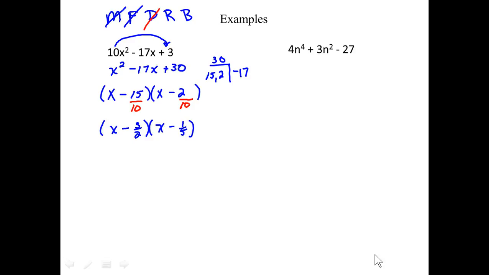All right, so 15 over 10, you're just dividing both of those by 5, and you get 3 over 2. 2 over 10, you're just going to reduce both of them by 2, and you get 1 over 5. All right, so reduce, done. Bottoms up, both of these are fractions now, so we're going to bring the 2 in front of the x, and we're going to bring the 5 in front of the x. And you've got it.